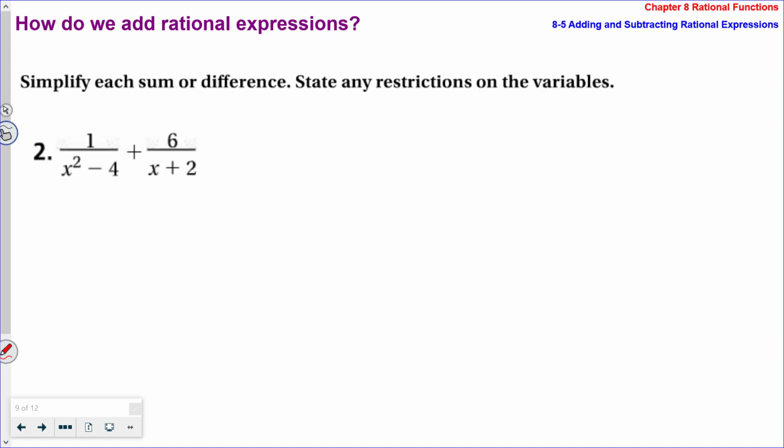So x minus 2. So here's the thing. When you're looking for a common denominator when we're dealing with rational expressions, if you don't know where to go, see if you could factor any of the denominators. I'll say that again.